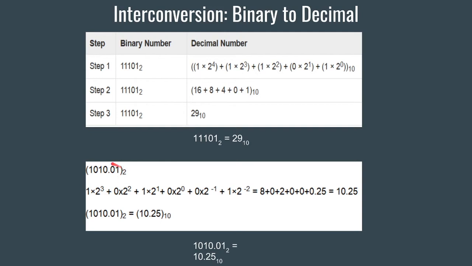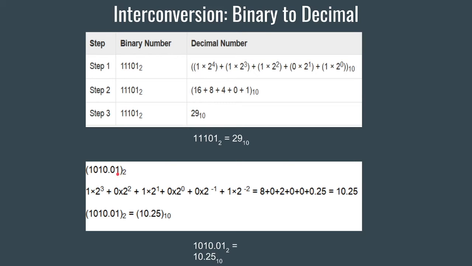Now how do we convert this one into equivalent decimal? It is pretty simple. What you do is you write it as 0 into 2 to the power the position of this one. That means the position of this 0 is -1, so we write 0 into 2 to the power -1. For the next digit, you have 1.